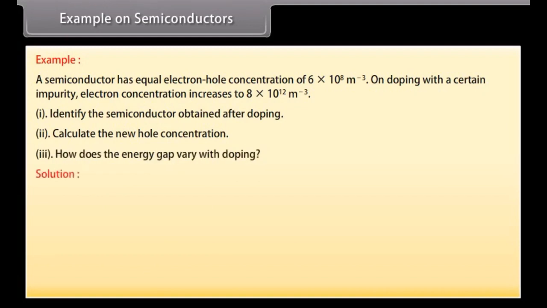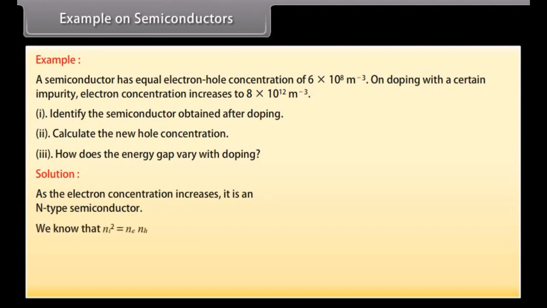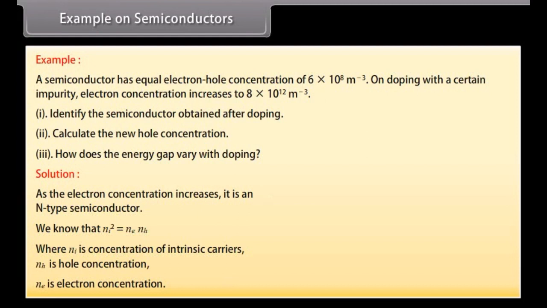Let's see the solution. As the electron concentration increases, it is an n-type semiconductor. We know that Ni square is equal to the product of Ne and Nh, where Ni is the concentration of intrinsic carriers, Nh is hole concentration, and Ne is electron concentration.